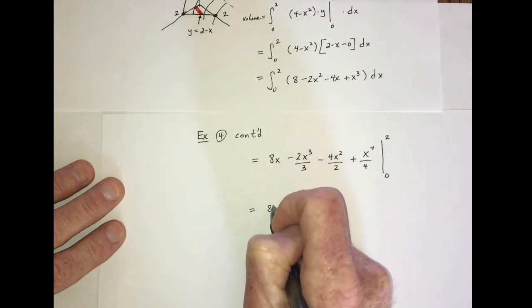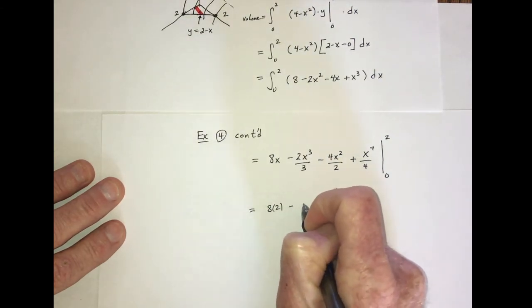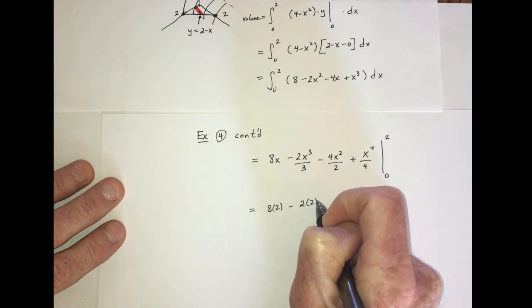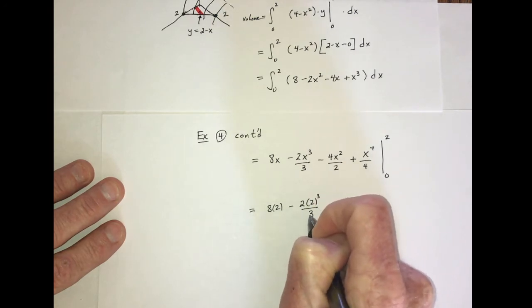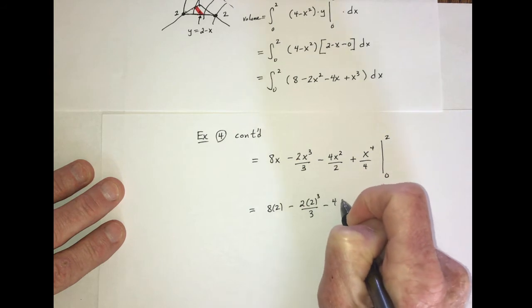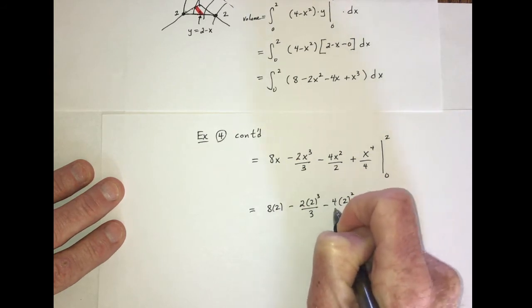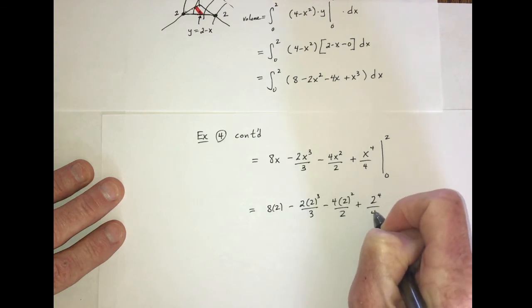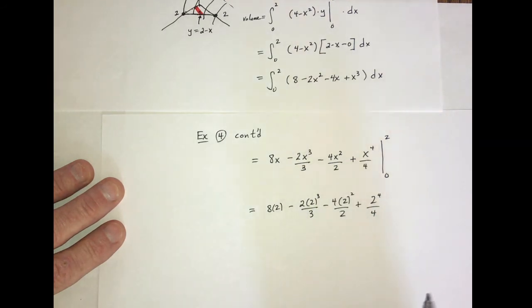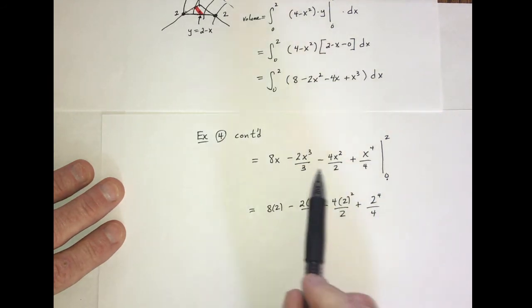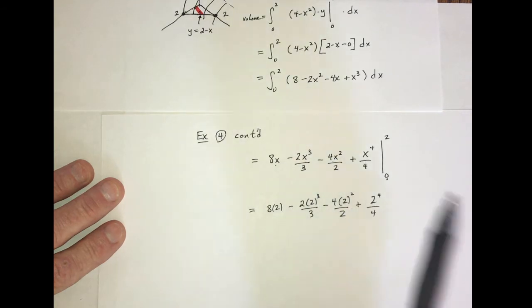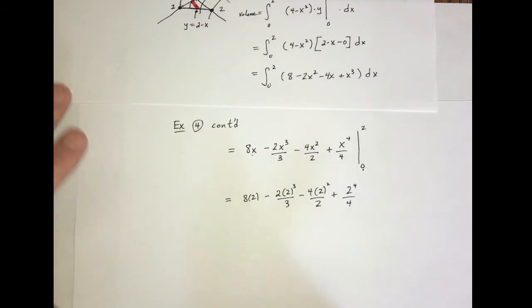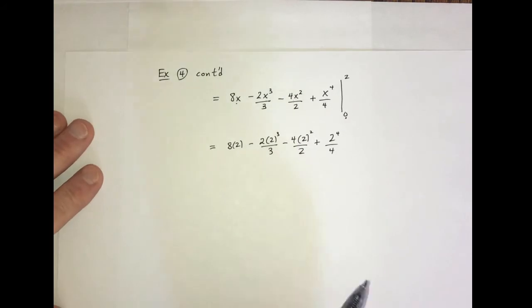So it'll be 8 times 2 minus 2, and then 2 gets cubed over 3, minus 4, 2 gets squared over 2, and then 2 to the 4th over 4. And when you put a 0, that's going to be 0, 0, 0, 0. Thank goodness for the 0. So then we just need to finish this.